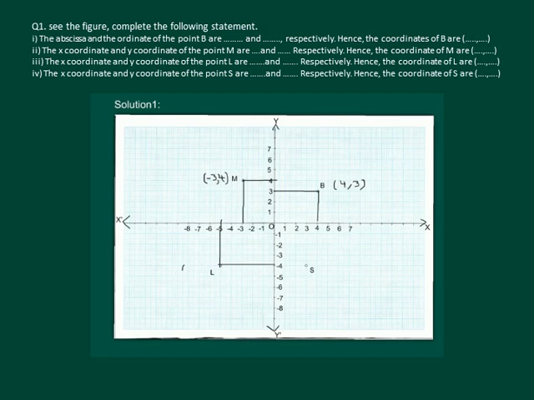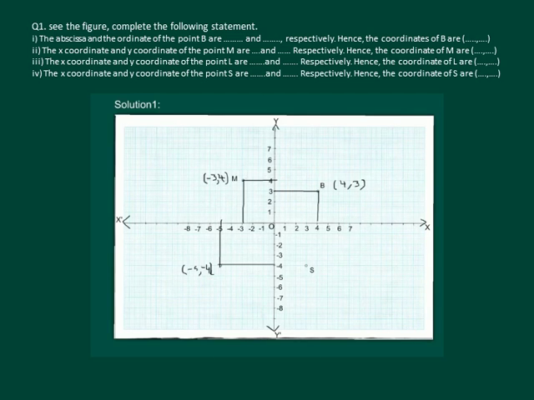So our x-coordinate is -5 and distance of point L from the x-axis is -4. So y-coordinate is -4 and hence we have abscissa as -5 and ordinate as -4.